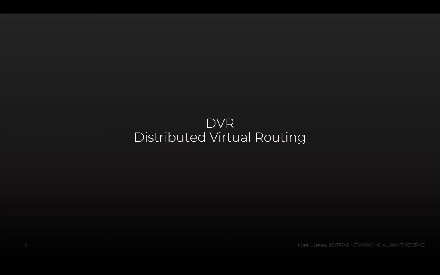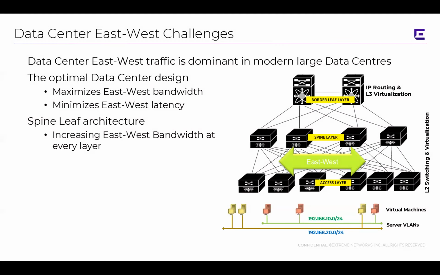Okay, so in general, distributed virtual routing is about the fact that mostly in data centers we need to assure the best traffic between east and west, so between the servers, because most of the traffic inside the data center is between the servers themselves.